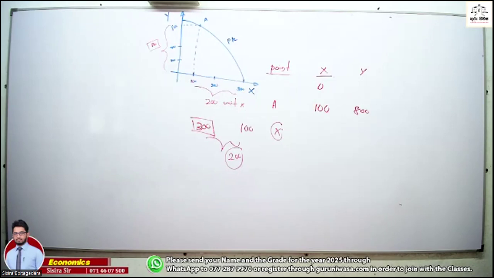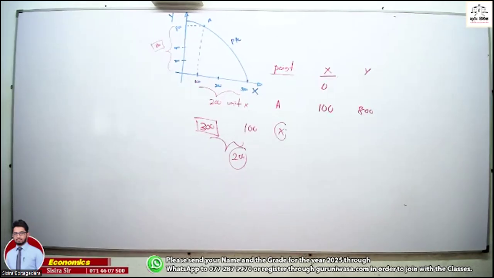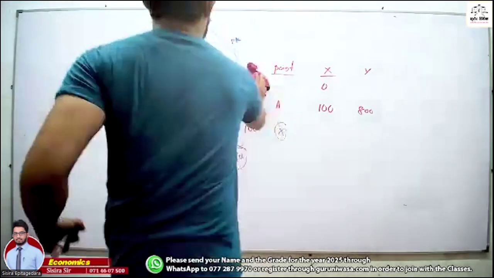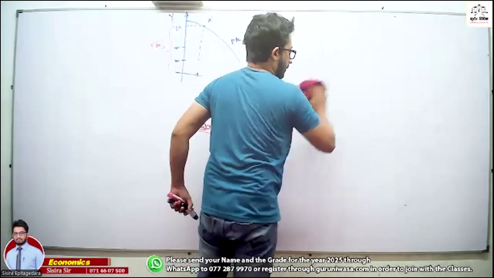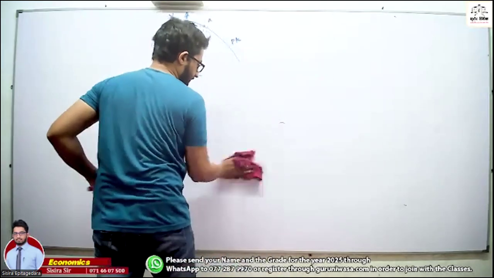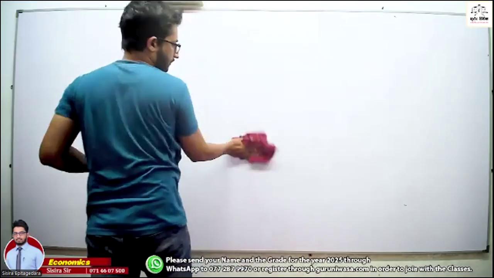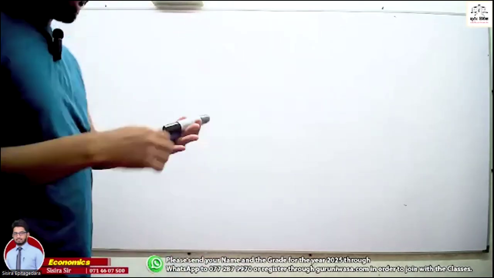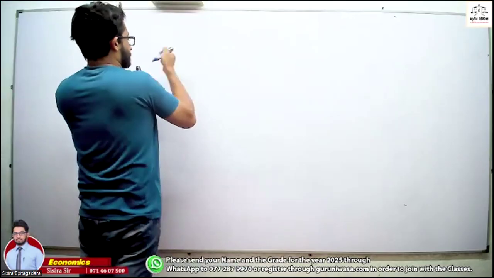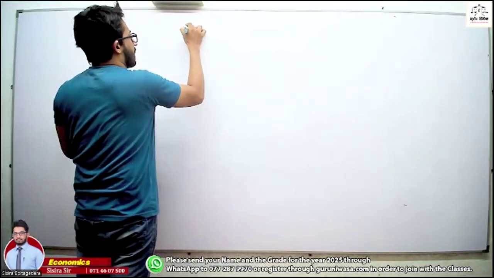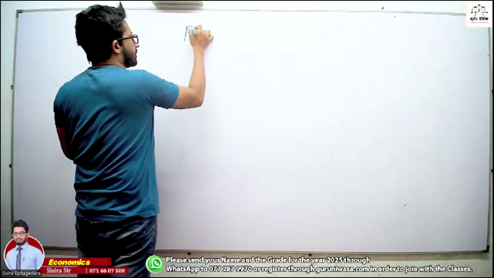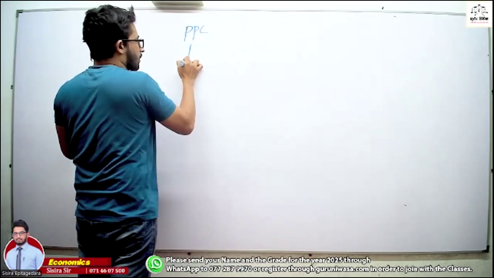Right, look at the board. The PPC, production possibility curve, is a graph showing maximum production and is an economic model.